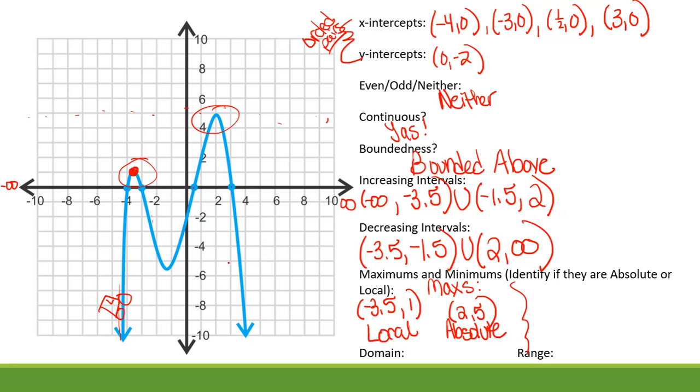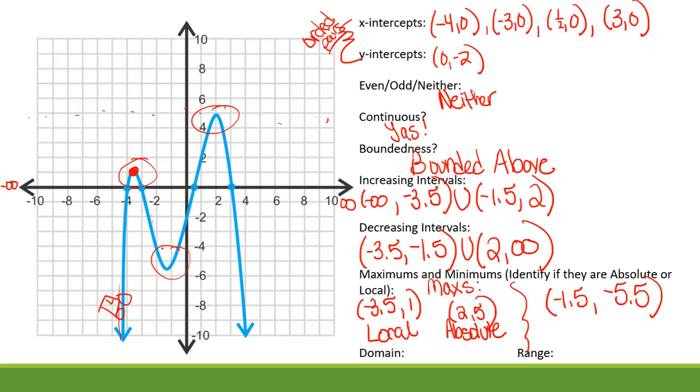Minimums then, let's look here. This guy would be a minimum right there. And his ordered pair, kind of disgusting, right? Negative 1.5 and negative 5.5 maybe. Okay. Now, is this an absolute or a local minimum?